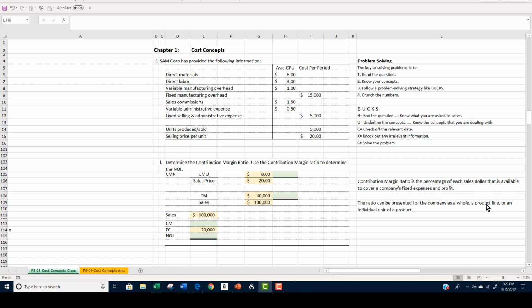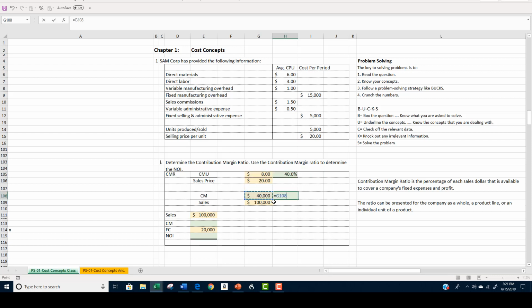We can either divide contribution margin per unit by selling price or the contribution margin total by total sales dollars. Either equation works. For our case, the contribution margin ratio is 40% and is determined by either dividing $8 by $20 or $40,000 by $100,000.